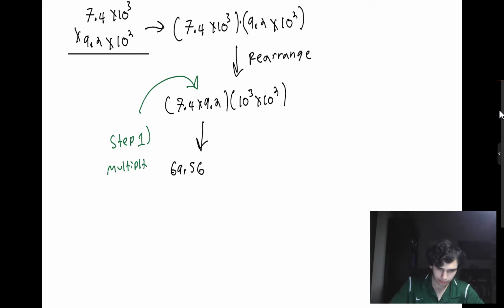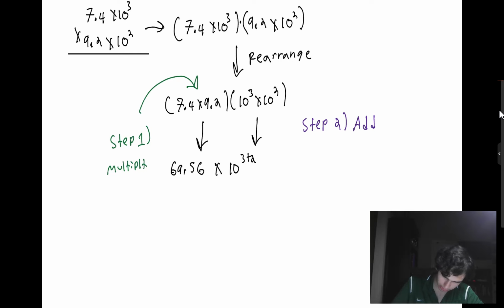And then the second step is to add the exponents, because you know it's going to be times 10 to the 3 plus 2 equals 5. So let's just write that as 5. And then there's one last step.